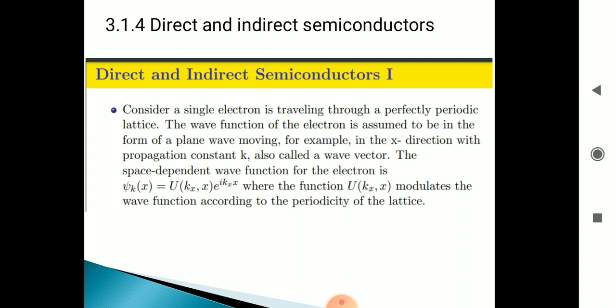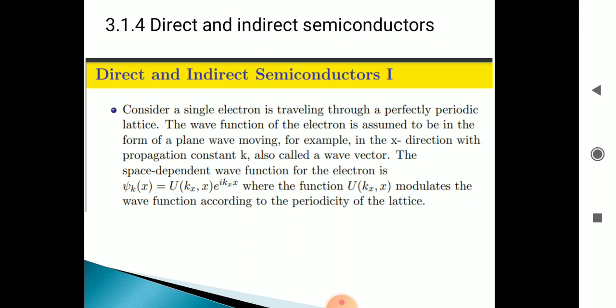Here the space dependent wave function for the electron is psi of x, which equals u of kx comma x into e power ikx into x. This is the function that shows how the electron is moving.